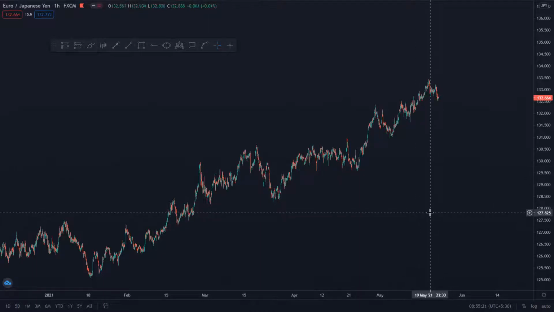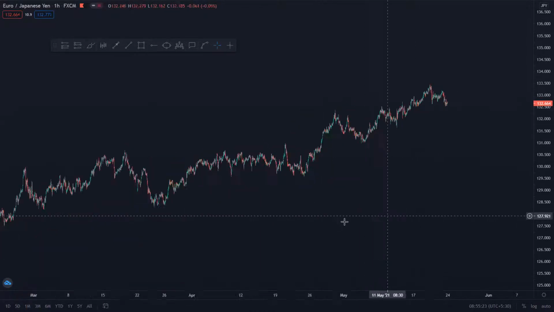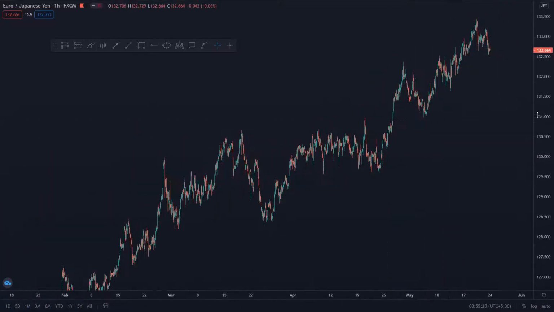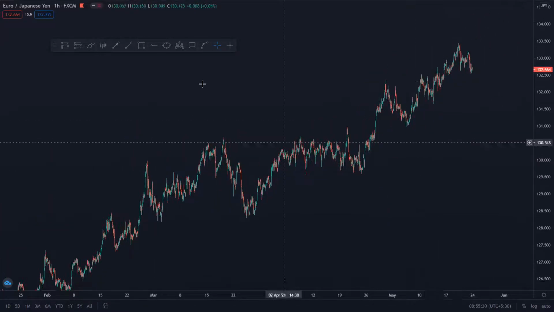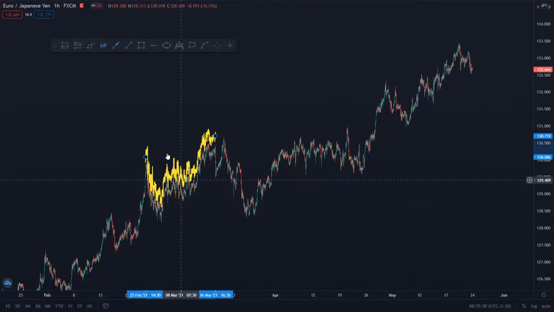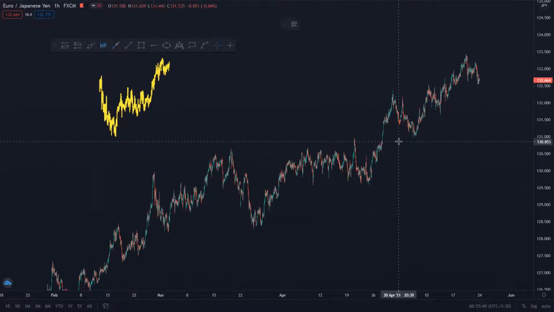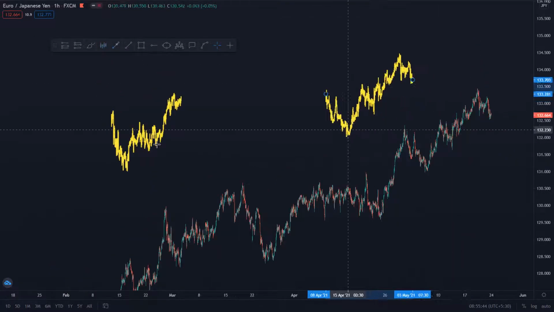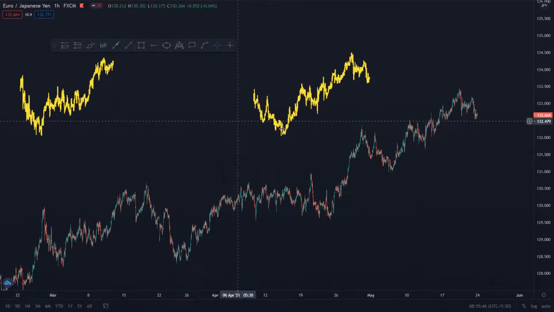What are you able to see over here? There are lots of price action structures you can see in this, but let me talk about the price action structure first. Look at this and look at this. You can see how similar they are.